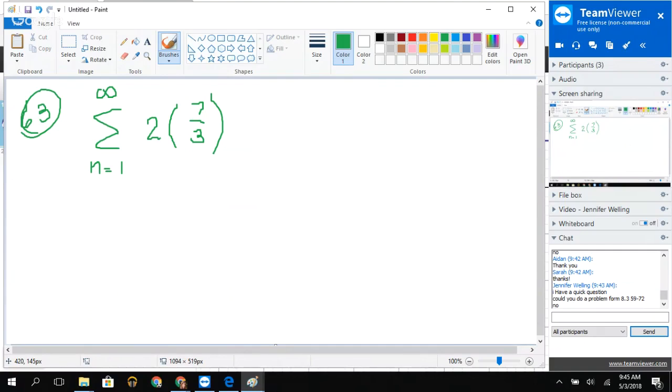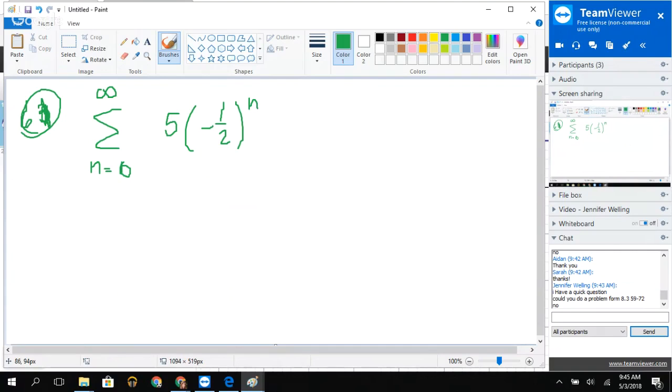Actually, let me do 61 and then I can do 63, just because 63 has the n minus 1, which is possible to do, but I just want to start with 61. Let's start with 61 and then we can go to 63. So this is 61 now.